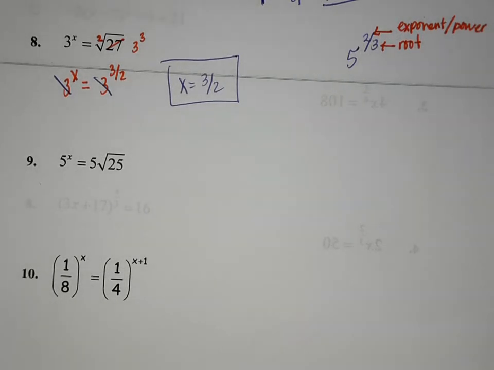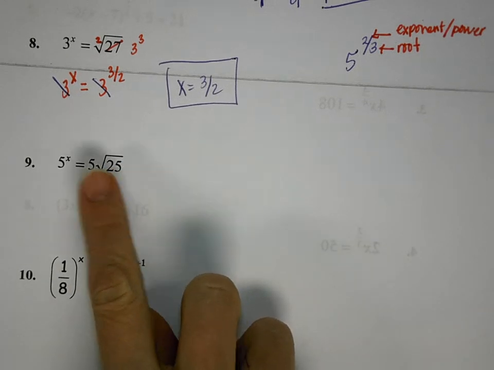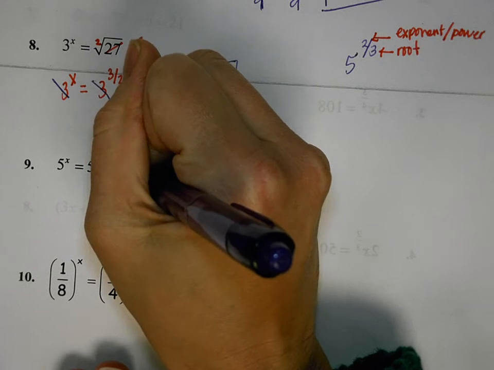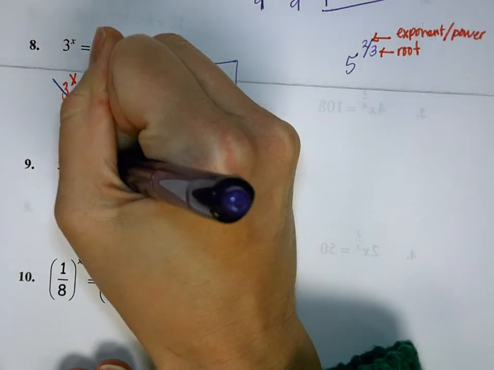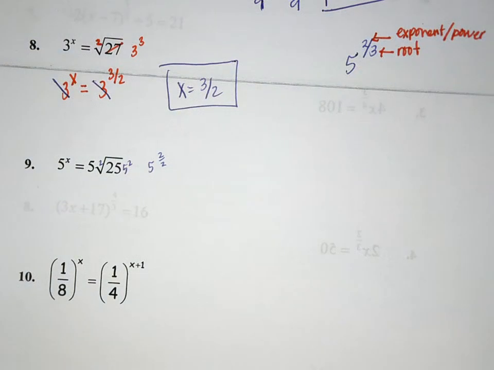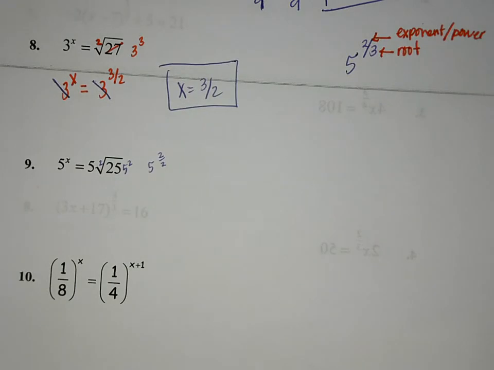So, there are multiple ways of doing this problem. In math, you just have to look at your problem first to see, is there something I could do that would make this simple? If you are doing this with your exponent thing, you know that 25 is 5 to the, and this is a square root. If you write this as 5 to the 2 over 2, what does that really make? 5 to the first.